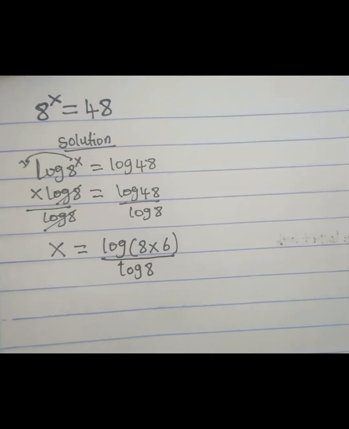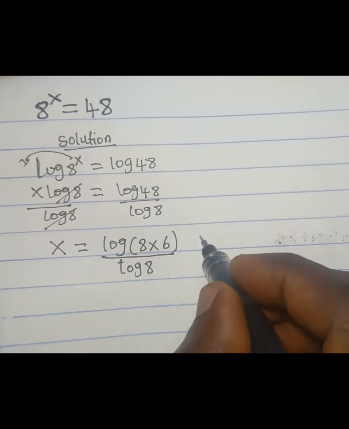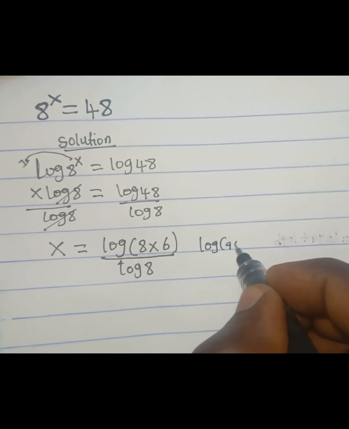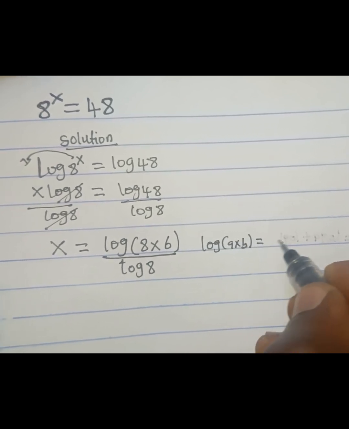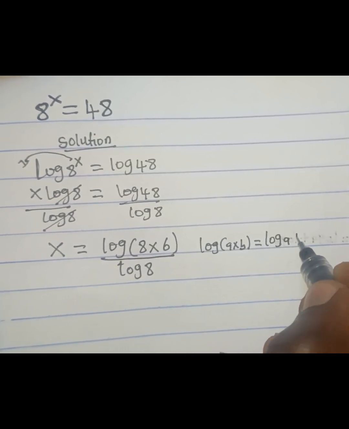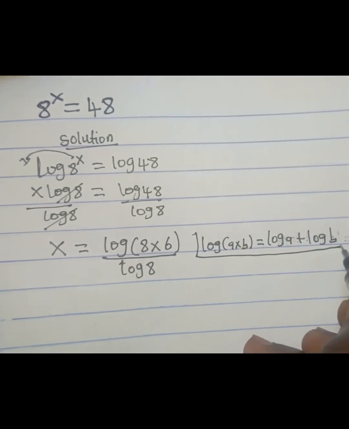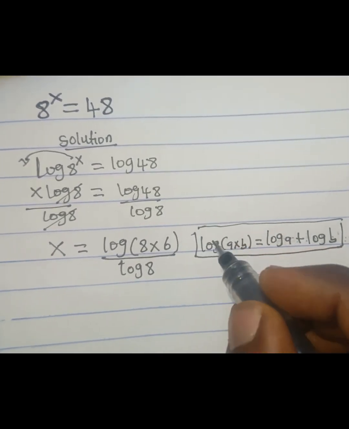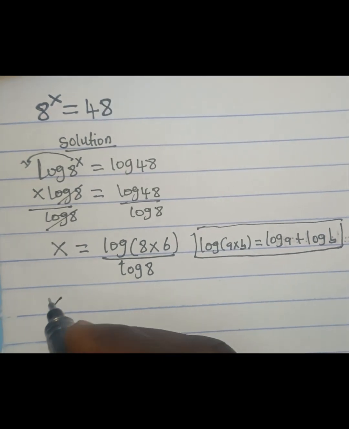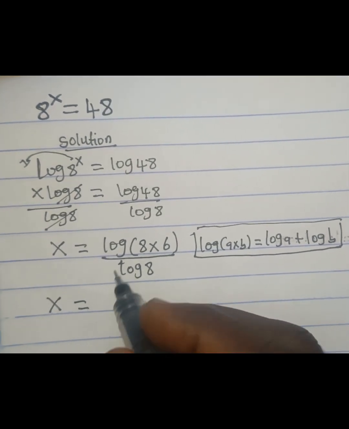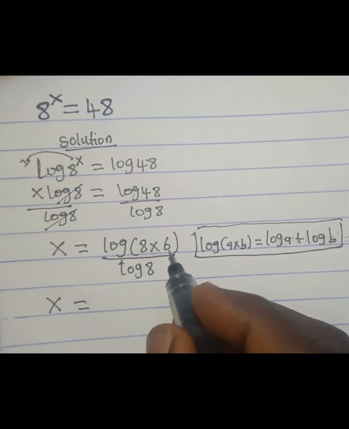Recall one of the properties of logarithm: when you have log of a multiplied by b, this is the same as log of a plus log of b. We are going to apply this property to the numerator on the right hand side, so that x will be equal to log of 8 multiplied by 6.